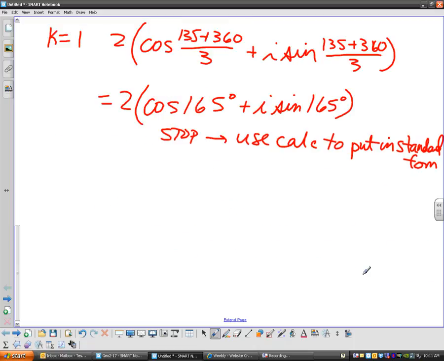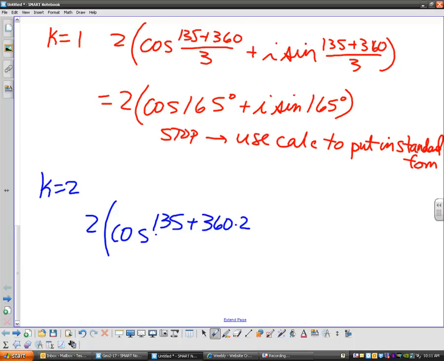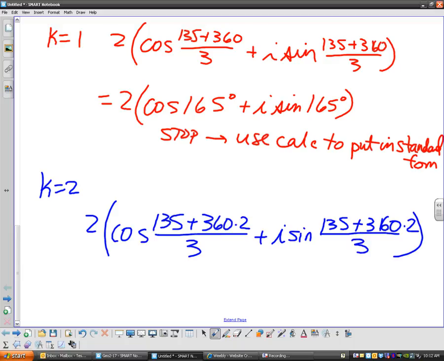Alright, so the third cube root is going to be when k equals 2. So we have 2 times the cosine of 135 plus 360 times 2 divided by 3 plus i times the sine of 135 plus 360 times 2 divided by 3.